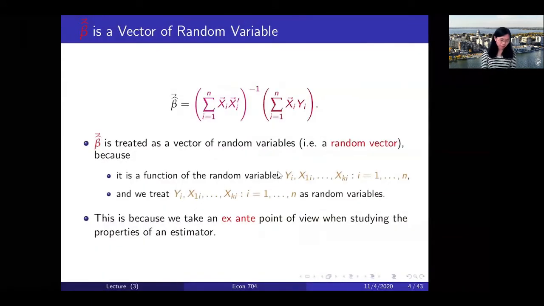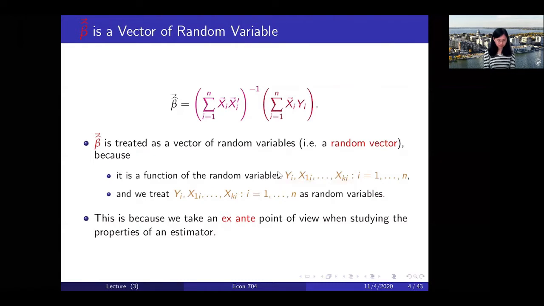When we talk about good properties of the estimator, we are viewing this estimator as a vector of random variables, in other words, a random vector, because it is a function of the random sample, which is a collection of random variables.